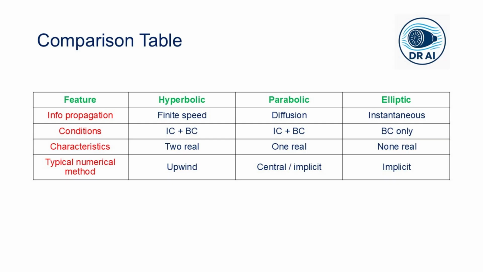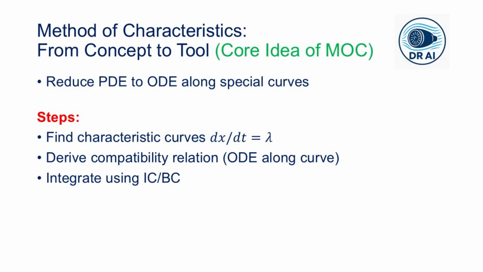And lastly, the elliptic equations are represented by the Laplace and the Poisson equations. For the numerical tendency, we normally use upwind schemes for the hyperbolic, central or implicit schemes for the parabolic type of equations, and for the elliptic type we normally use implicit iterative numerical schemes. So these differences directly guide every choice when writing the CFD code.